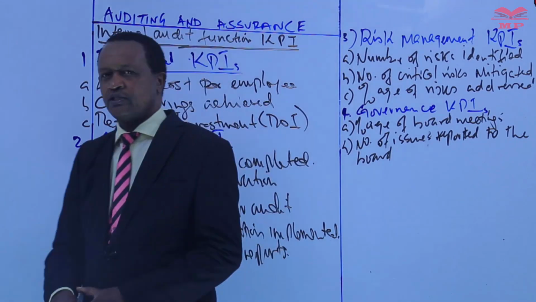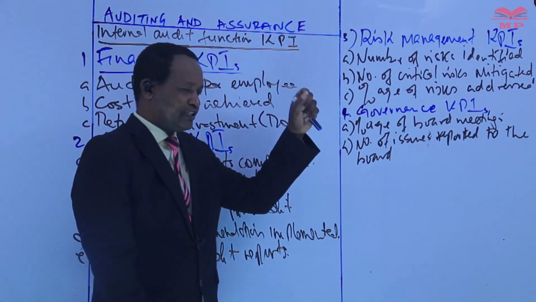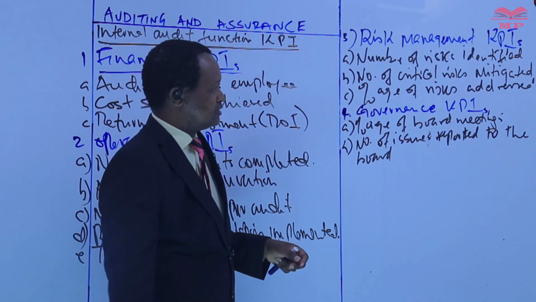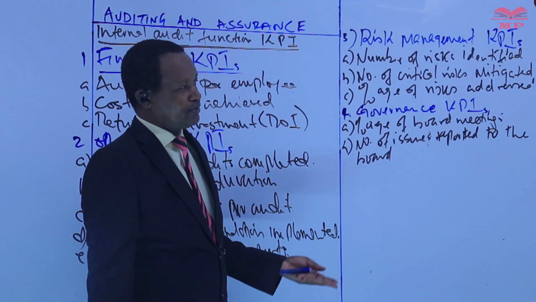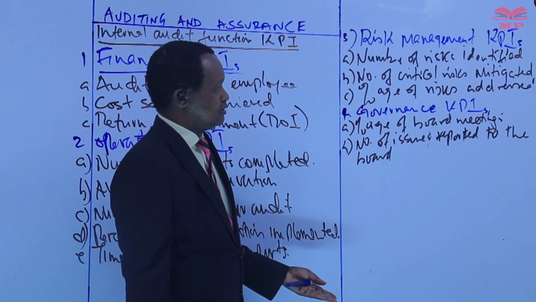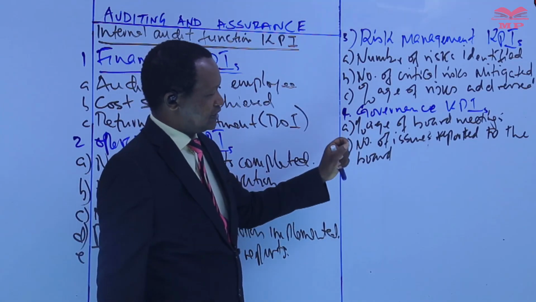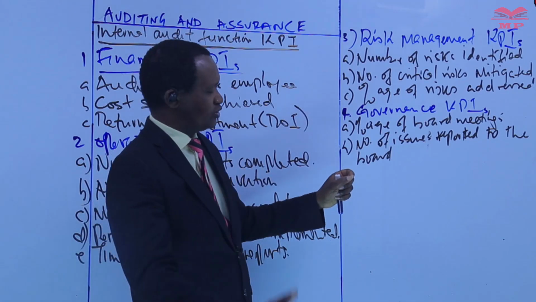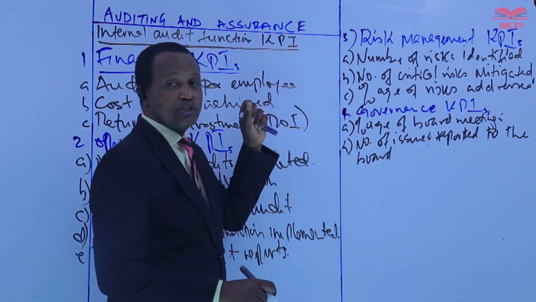Remember, we said that the internal audit function may directly report to the board through the audit committee. So in measuring the performance of this department, one key performance indicator is just counting the number of issues. How many issues did the internal audit function report to the board?